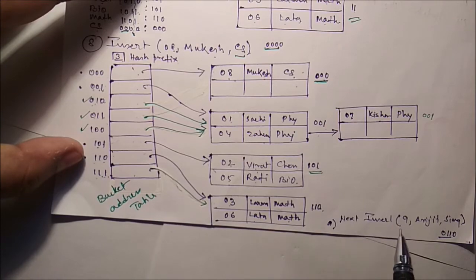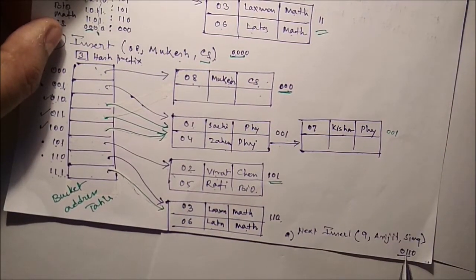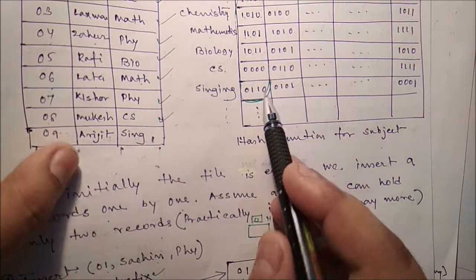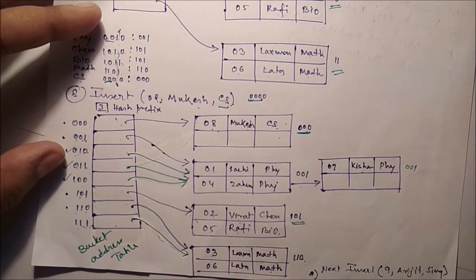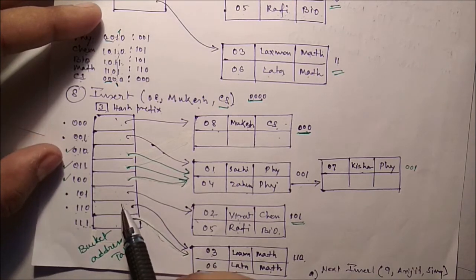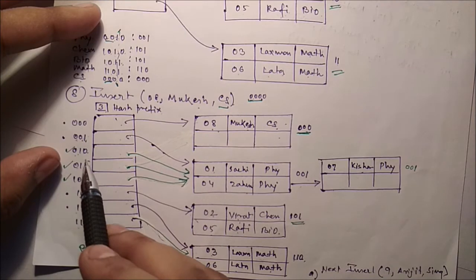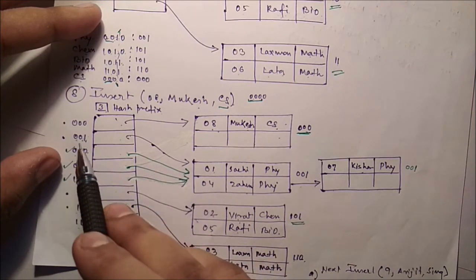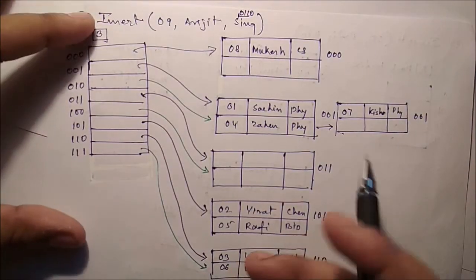Next you have to insert roll number 9, Arijit, singing. Here it is for singing. We can see the first 4 digits of singing are 0110. So you have to see the 011. 011 means you have to create a new bucket for this one, because it is pointing to the previous bucket, that is 001.